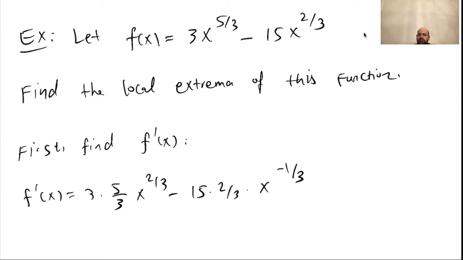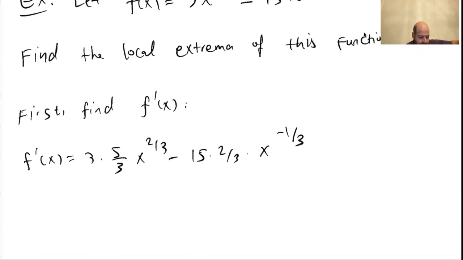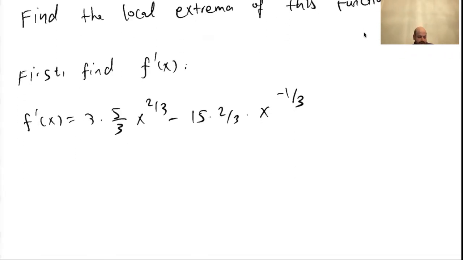Just use the power rule, which says that derivative of x to power m is mx to power m minus 1. So we use that to find the derivative of x to power 5 over 3 and derivative of x to power 2 over 3. And then if we simplify this, this is 5x to power 2 over 3 minus 10x to power minus 1 over 3.